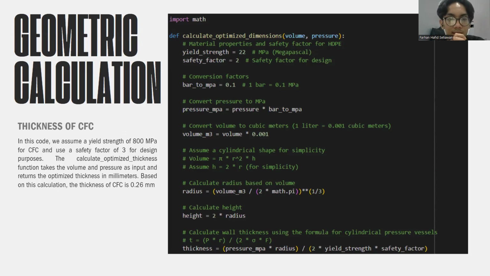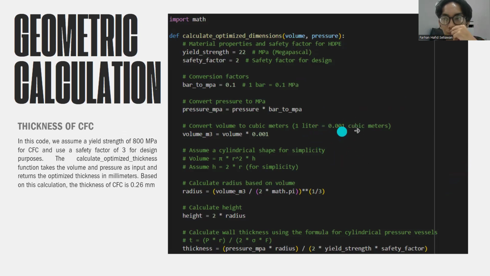To calculate optimized thickness, the function takes the volume and pressure as input and returns the optimized thickness in millimeters. Based on these calculations, the thickness of CFC is 1.26 millimeters.